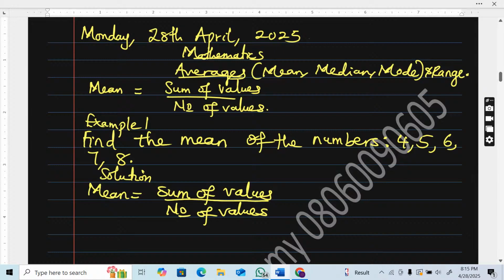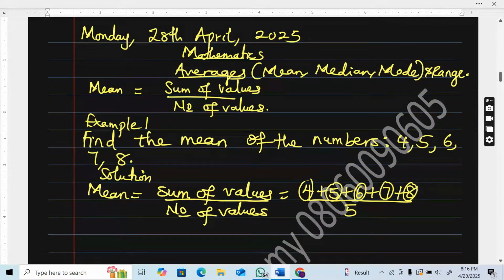So let us add up all the values that have been given to us. We have 4 added to 5 plus 6 plus 7 plus 8, divided by the number of values. How many numbers do we have here? If you count them, we have 1, 2, 3, 4, 5. We have 5 numbers, so we divide by 5.